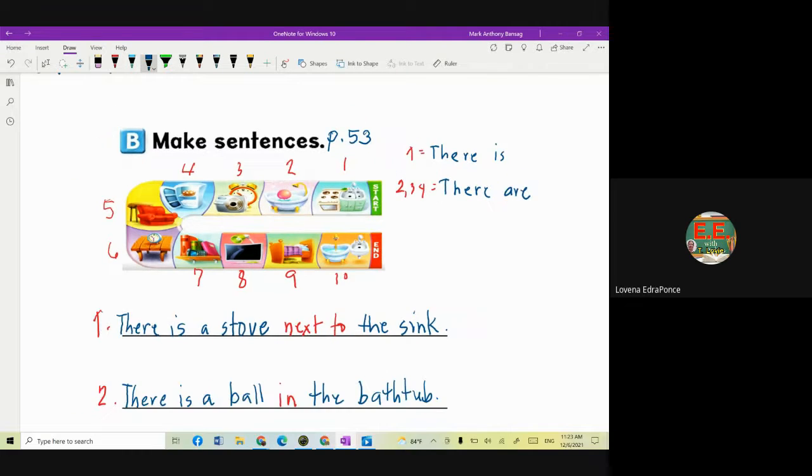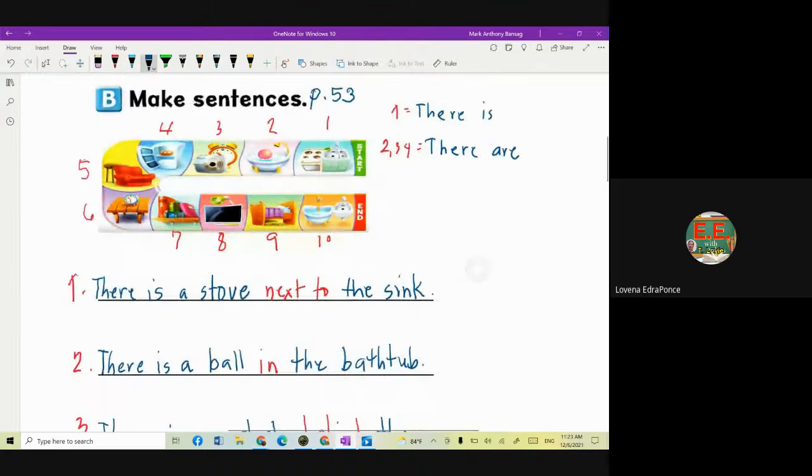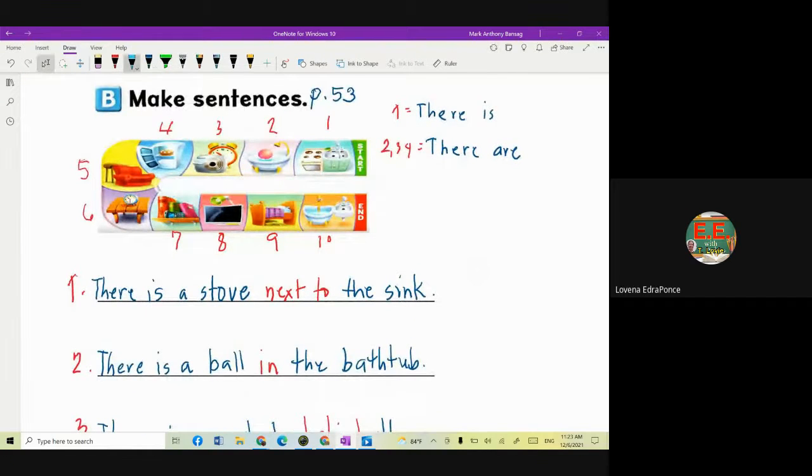Okay, so for number one, there is a stove next to the sink. This one is the stove. There is a stove next to the sink. Okay, how about number 2? So for number 2, there is a ball in the bathtub.